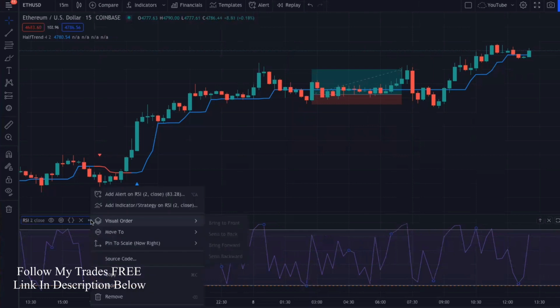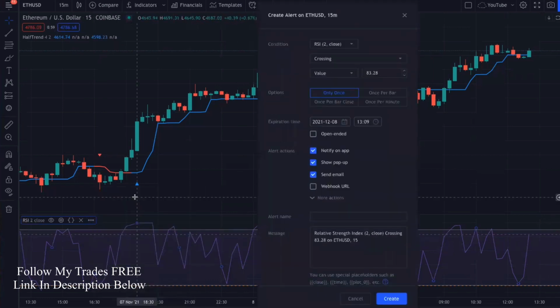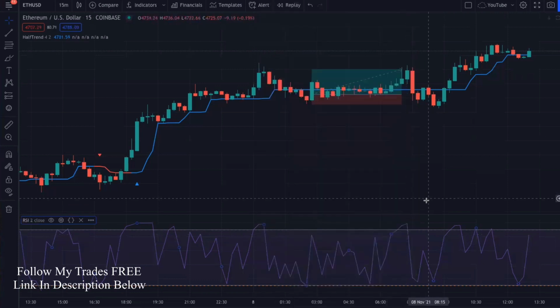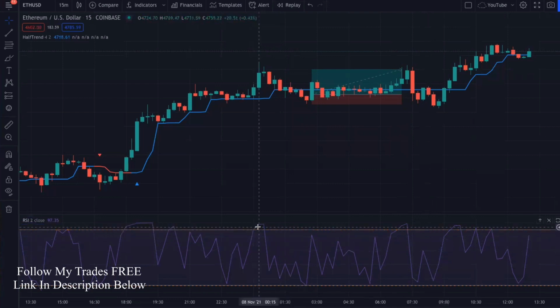Then you do this again, add alert, once per bar close, and you're going to put it at 90.00 and then click create. So now every time the RSI crosses over and closes above 90 or below 10, you're going to get an alert from TradingView.